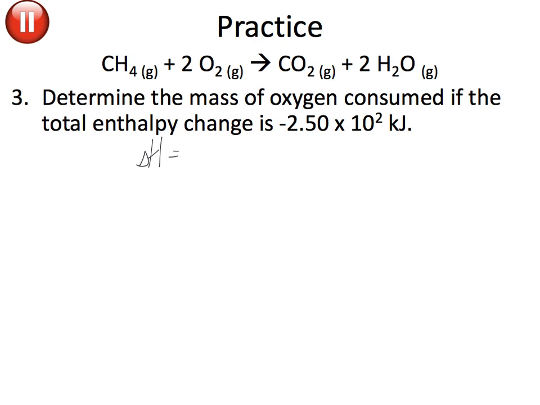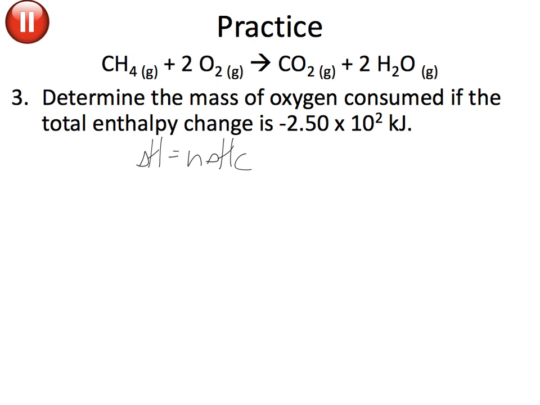Delta H is equal to n delta H, in this case, C. Now in this case, using delta HC would not be the best option because we're not looking at the amount of methane consumed, aka combusted, we're looking at the amount of oxygen being consumed.